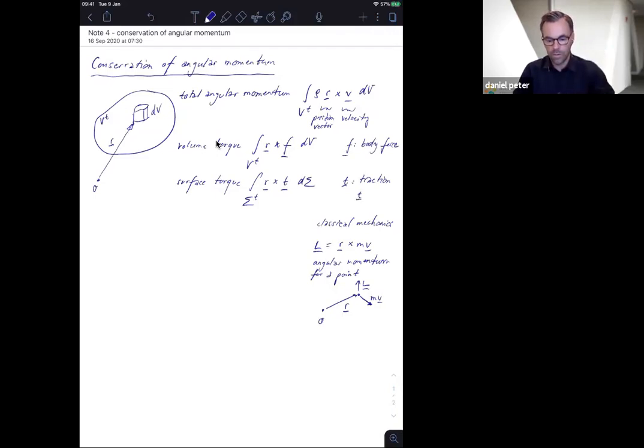So traction t is the normal dotted with the stress tensor. Good. Let me remove here classical mechanics.